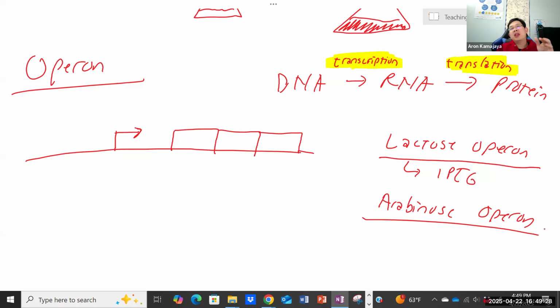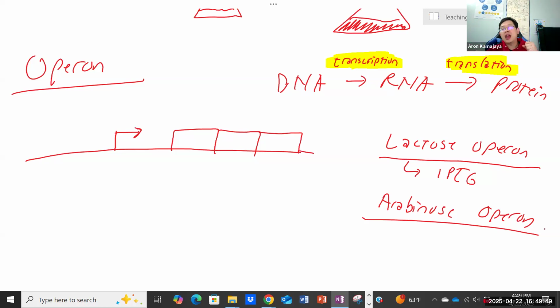In order for bacteria to process or obtain and utilize a certain biomolecule, you need to have several enzymes that work together. For example, in the case of the lactose operon, the cell needs to be able to take in the lactose.